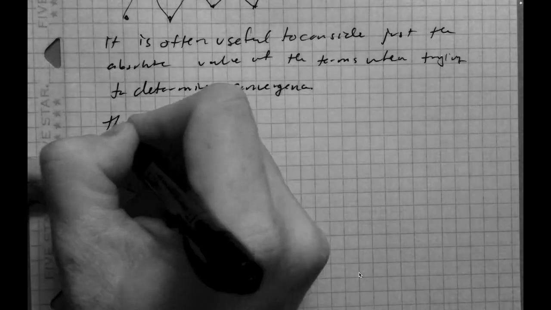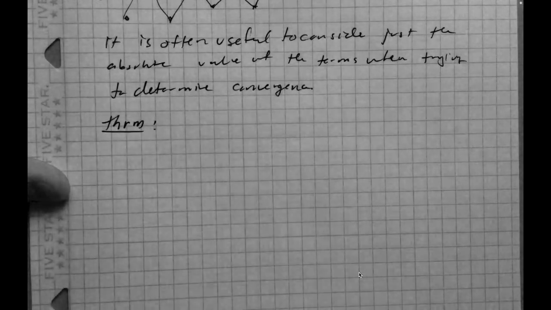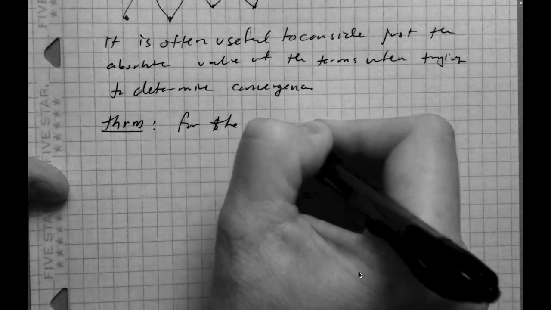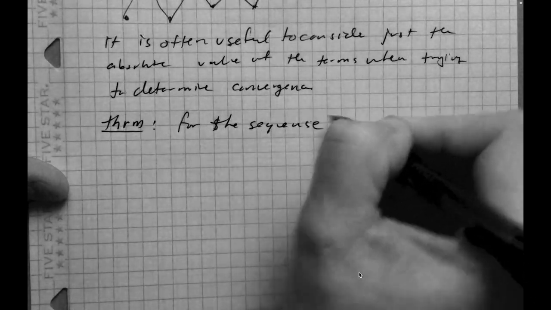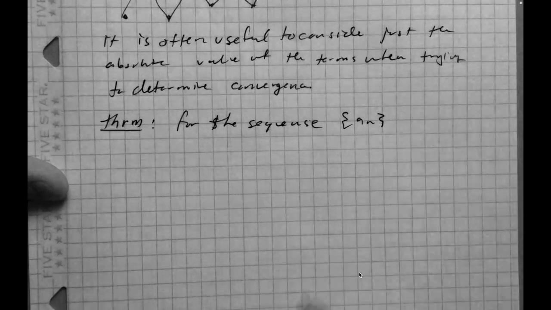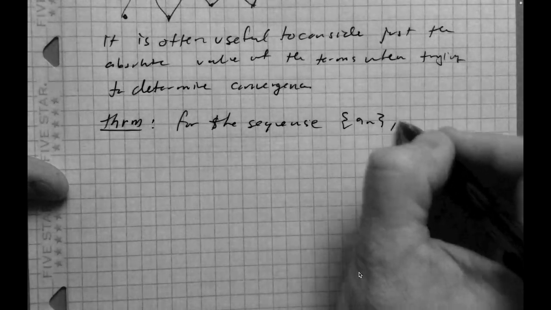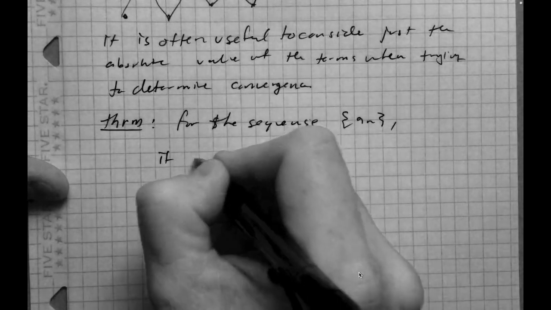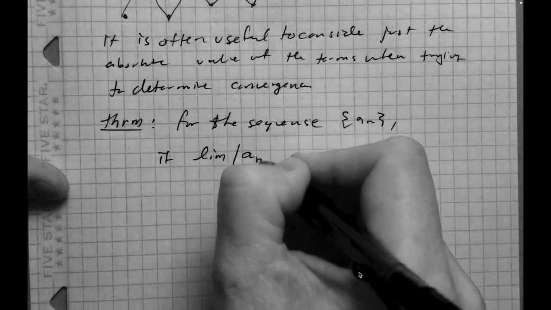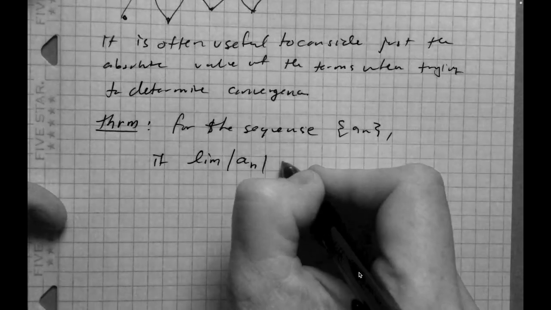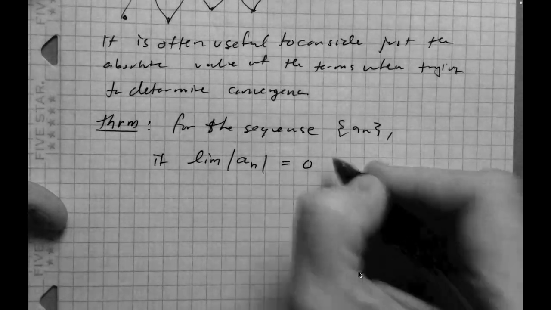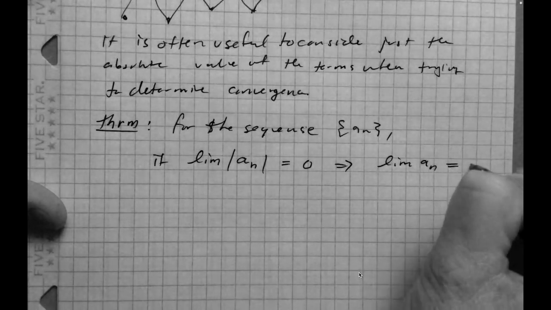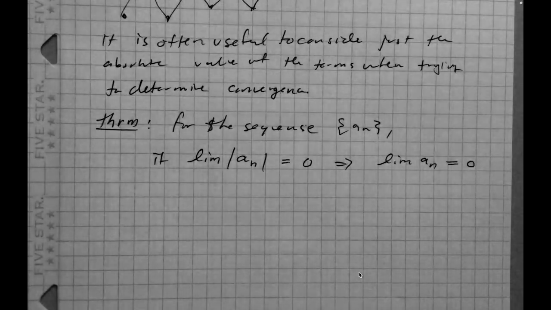Fortunately, there's a nice little theorem that tells us this is a good idea. Theorem: for the sequence a of n, if the limit of the absolute value of the sequence equals 0, then the limit of the sequence itself equals 0 as well.